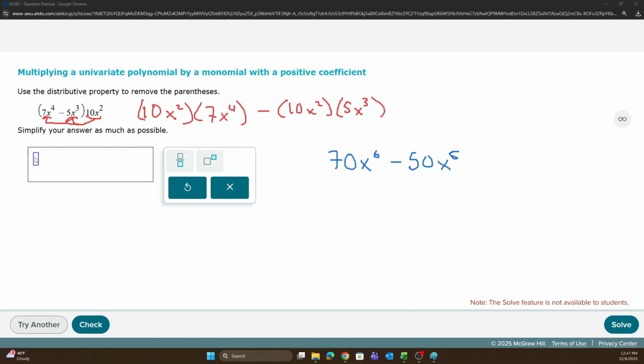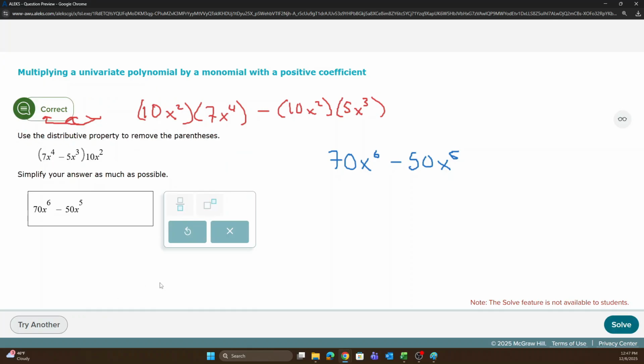So our answer that we put in here, 70x to the 6th minus 50x to the 5th. All right, let's look at another one before we move on.